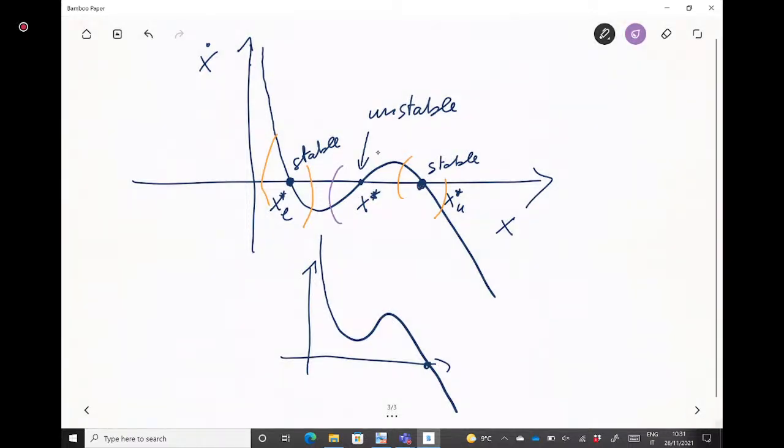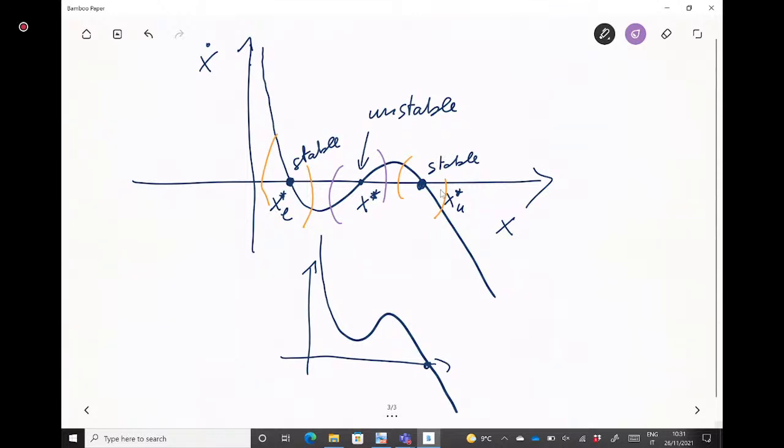is monotonically increasing. So locally, the behavior of this and this are similar to our first example, today's first example, locally. Sorry, locally, this one, the central one, is similar to our first example, unstable. And these are similar to our second example, locally, stable.